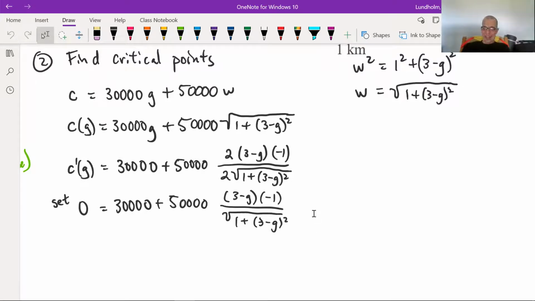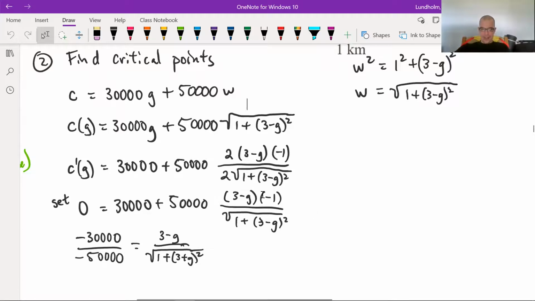All right, imagine that we subtract 30,000 from both sides, and then we divide both sides by -50,000 so that it looks like this. Yeah, that -50,000 is this -1 times the 50,000.